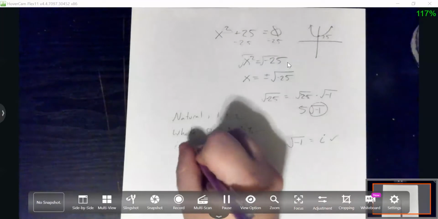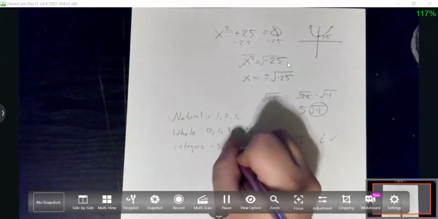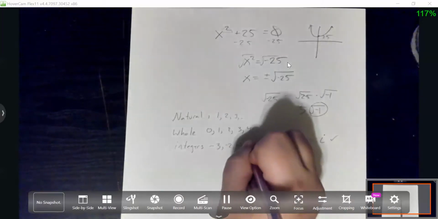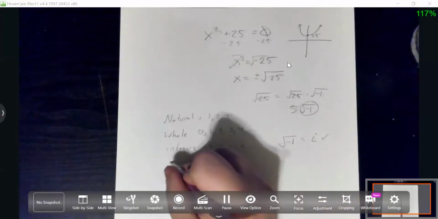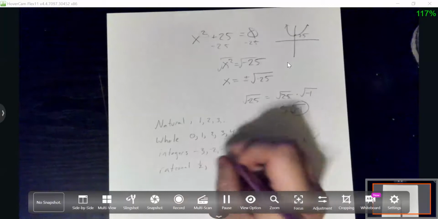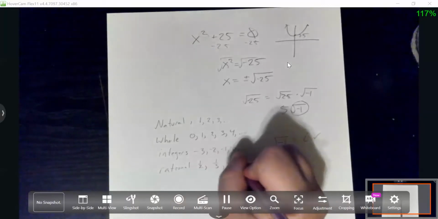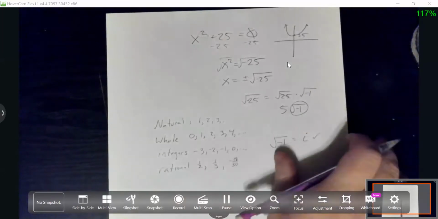We get the integers, where we start adding in the negatives into the mix. From there, we started adding fractions. So those are our rational numbers. Things like 1/2, 1/3, negative 18/30ths, whatever. Anything that can be written as a fraction.